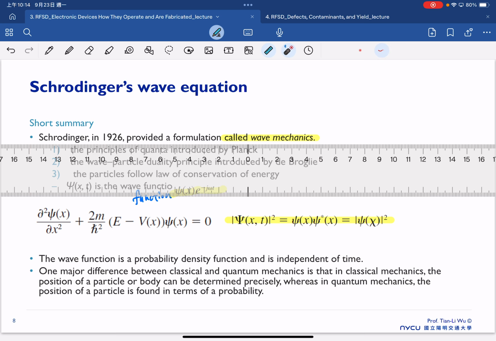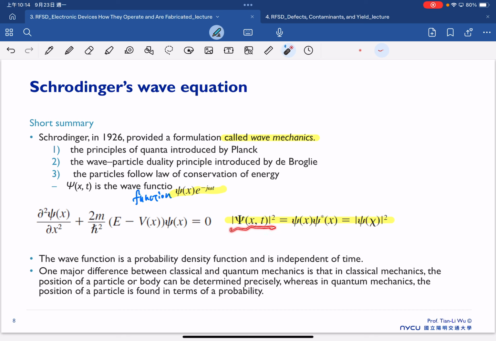This is a wave equation. Originally it depends on x, which is space, and t, which is time. In the end, this only depends on the space. So this equation tells us the wave function is a probability density function and is independent of time.